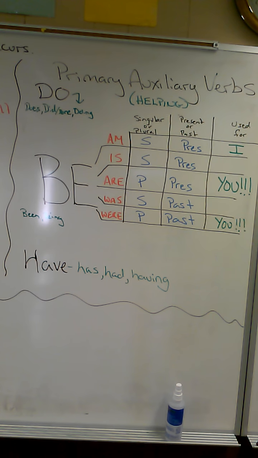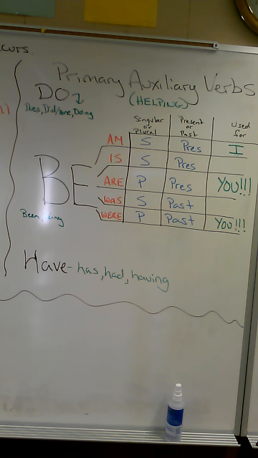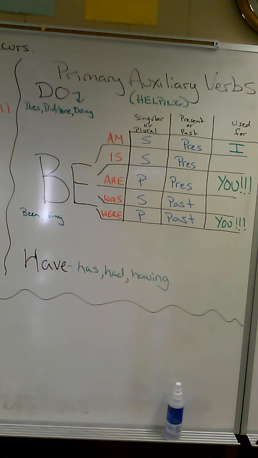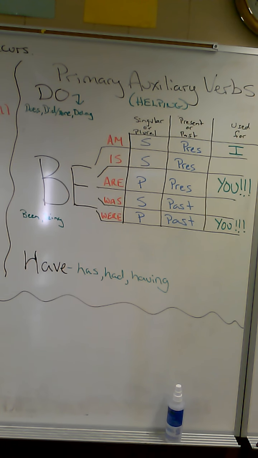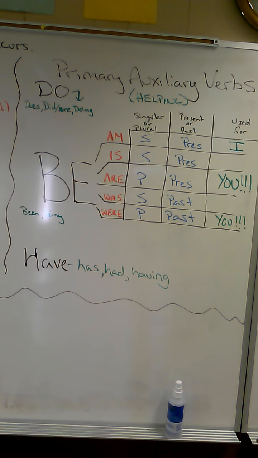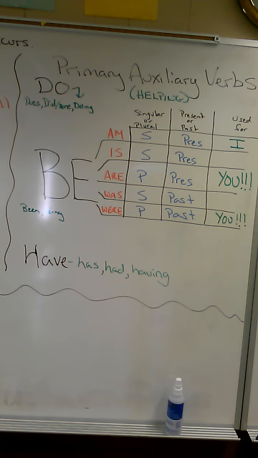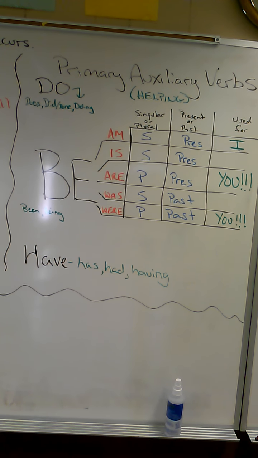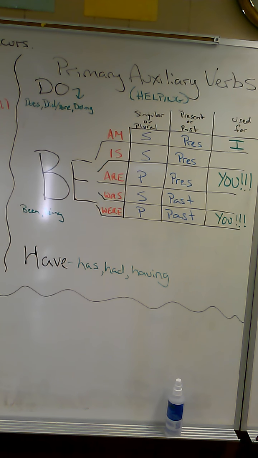Now, am is used for a singular form of the subject and in the present tense. And we usually use it for I. I am doing whatever. Is also singular and present, and it's used for pretty much everything else.